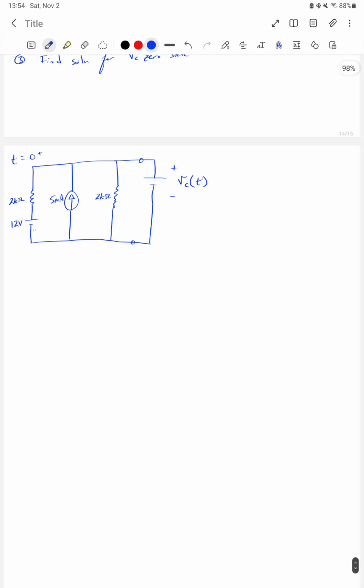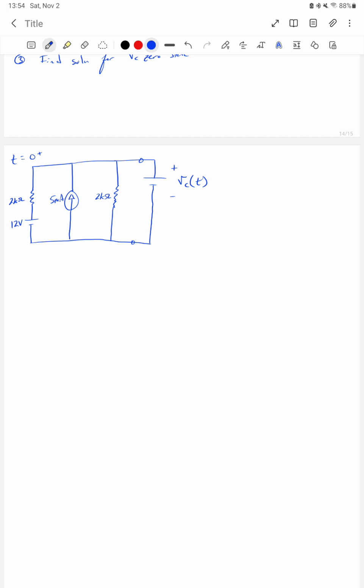So for a Norton equivalent, this voltage source and this resistor in series with each other can be converted so that we make another current source, right? In theory, you can also do a whole bunch of nodal analysis or mesh analysis.